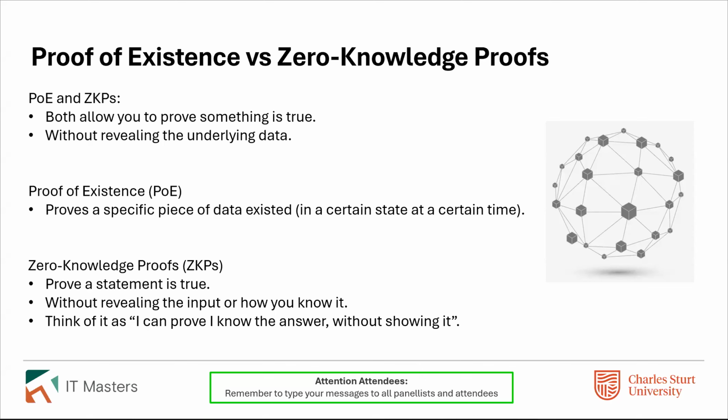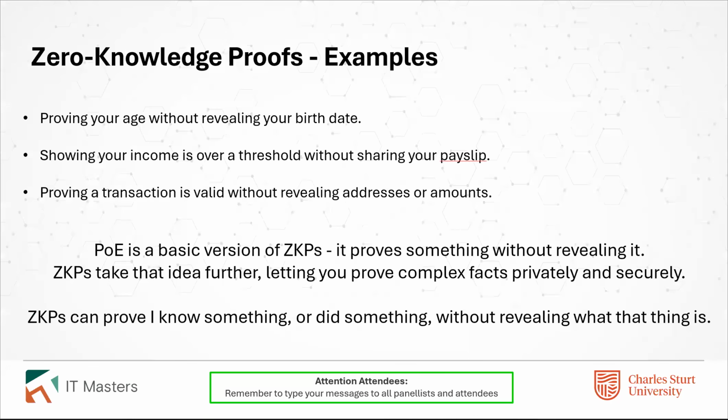So, and here's some examples. We've just talked about this. Proving your age without revealing your birth date. Showing your income is over a threshold without sharing your payslip. Proving a transaction is valid without revealing addresses or amounts.